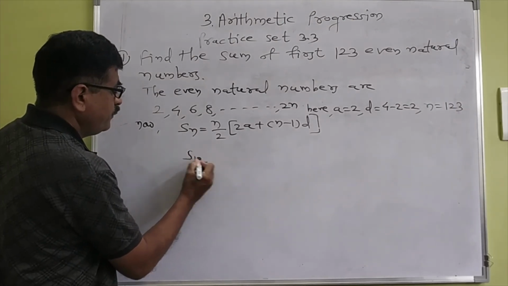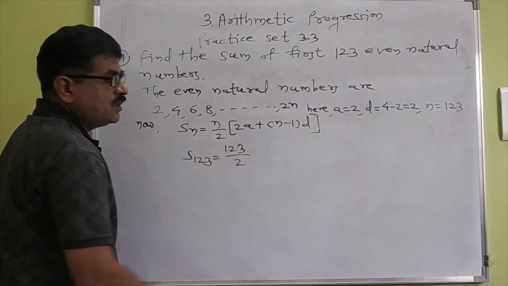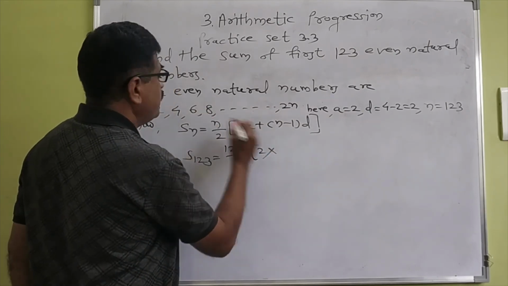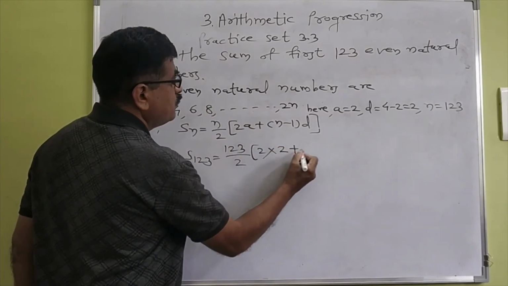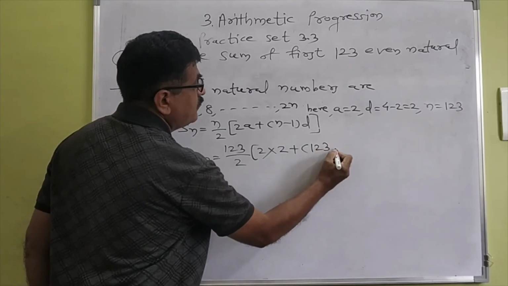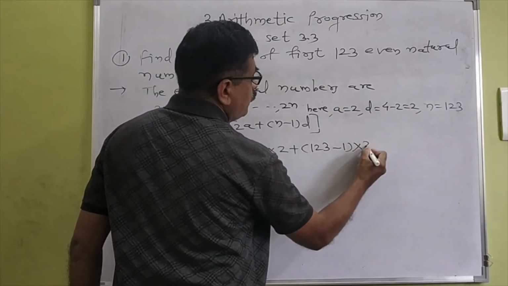S123 is equal to n upon 2, 123 upon 2 into bracket 2 into the value of a, the first term, 2, plus (n is 123 minus 1) into the value of d, which is 2.